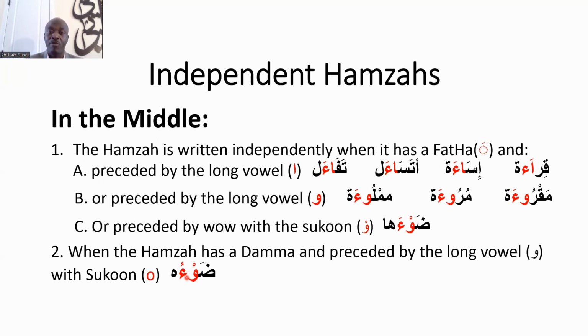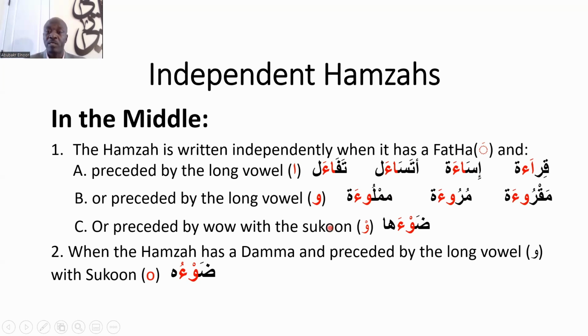It takes time for you to go back and review this more and more in order to grasp the concept. But I do not want to go back and repeat the same thing. To sum it up, when the hamza is in the middle, in rule one, the hamza has the fatha and is preceded by the long vowel alif, or the long vowel waw, or a waw with the sukoon.